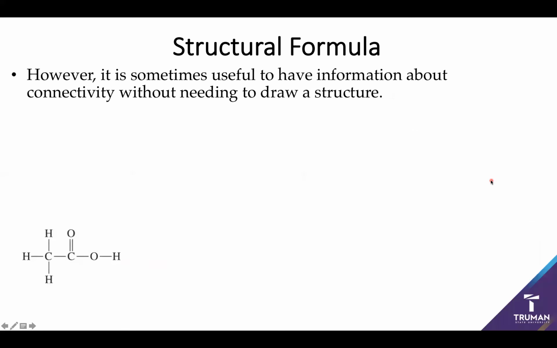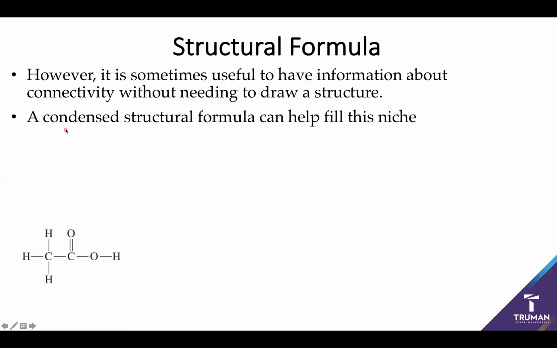However, one of the important things is going to be trying to figure out how to write a structural formula by hand that does give us some of this information we got from the molecular formula. For example, if I just say that this system is C2O2H4, I lose a lot of information about my acetic acid. So one of the things we can do to bridge that gap is to use what's called a condensed structural formula.